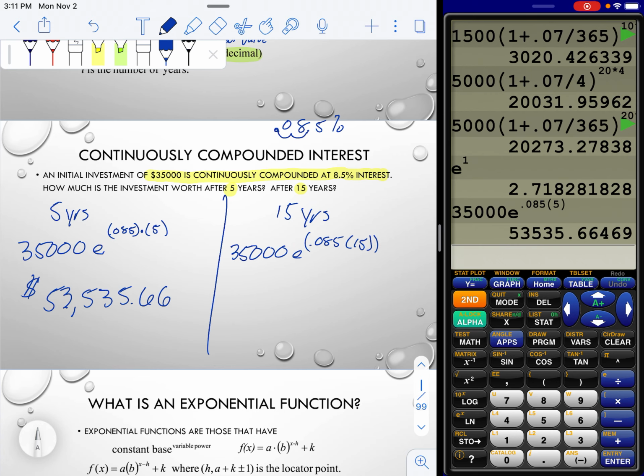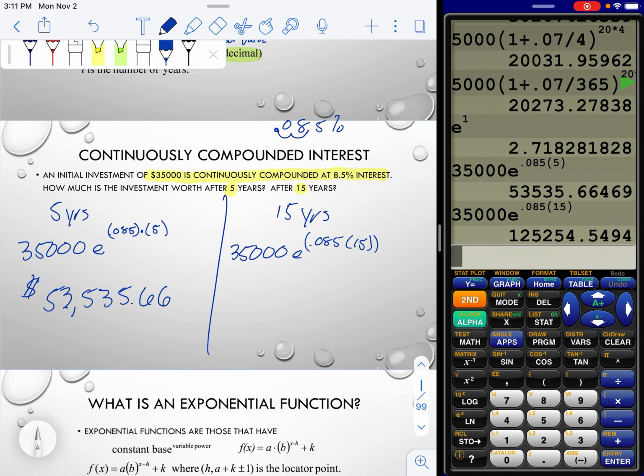Again, all that's raised to the exponent, so we'll change this to be 15. Now our 35 grand turned into $125,254.55.